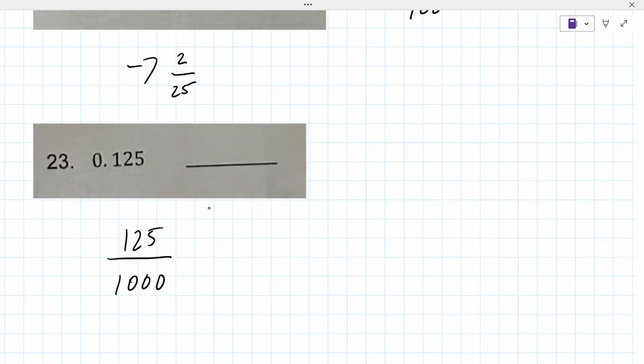Now you probably want to divide everything by 5 to start out. 1,000 divided by 5 is 200. 125 divided by 5 is 25. So 25 over 200.